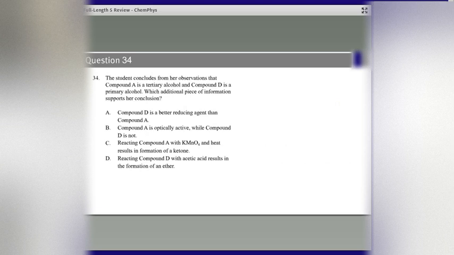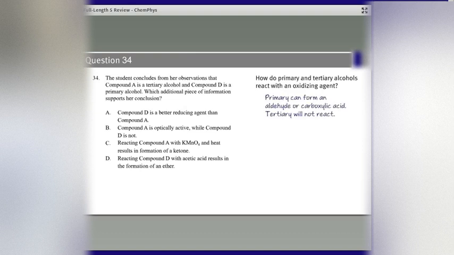Tertiary doesn't react. Well, wait a second. If compound D is the primary alcohol and compound A is the tertiary alcohol, then it's got to be answer choice A. Some of you guys are probably looking, wait a second, how did you answer that question so quickly with 34? But think about it. The question is really asking, how do primary and tertiary alcohols react differently?